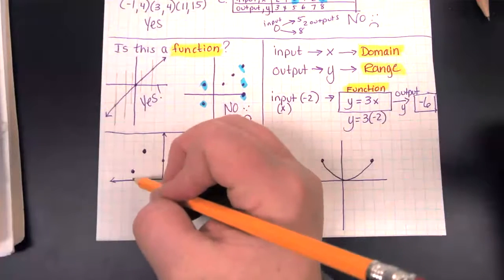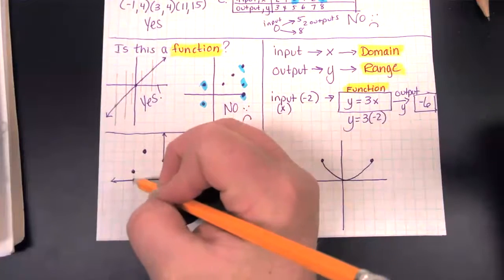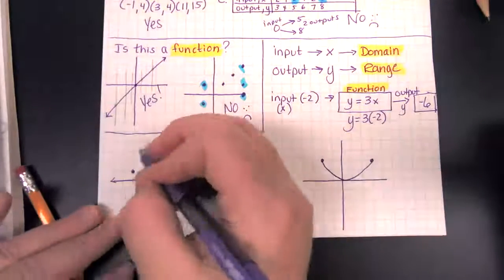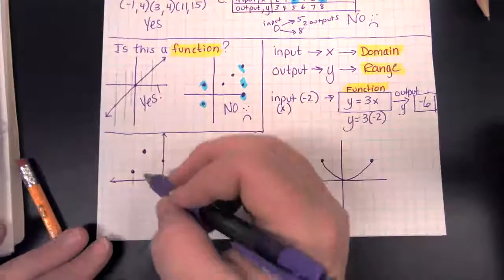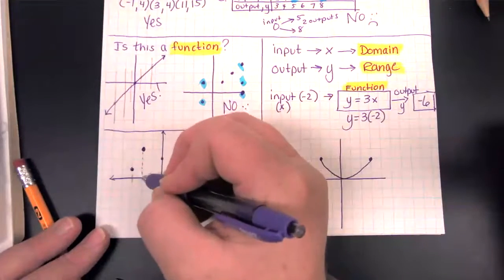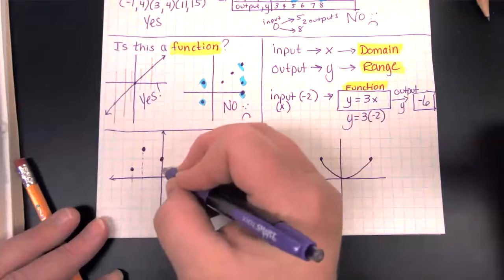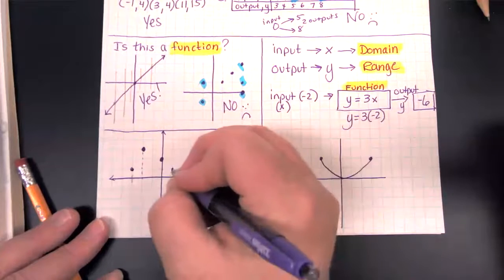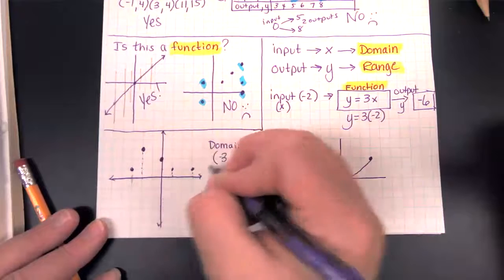So let's see, where does it hit here? 1, -1, -2, -3. So this point is -3, comma. What's this one? Oh, that one's a -2. What's this one? That one's 0. This one is 1, 2, and 3.